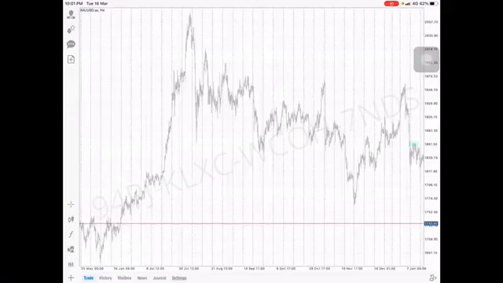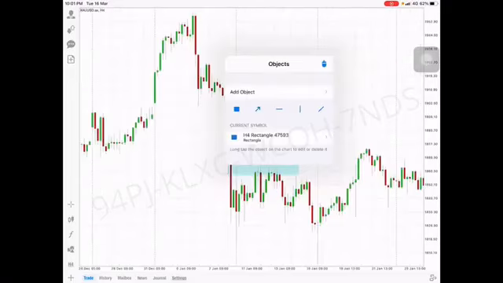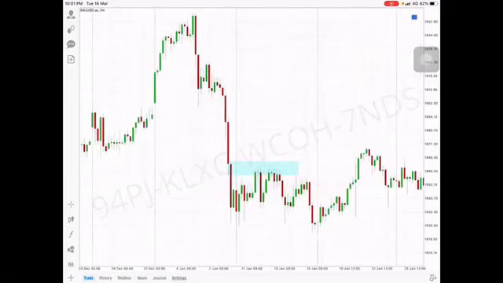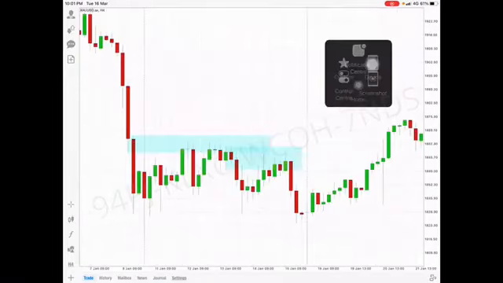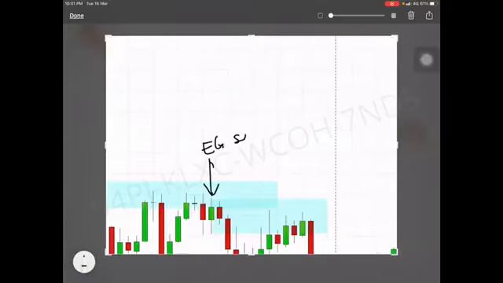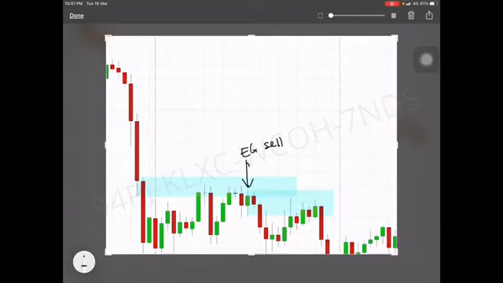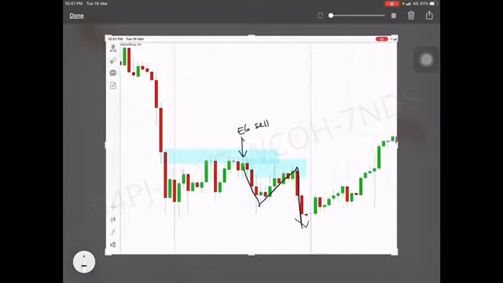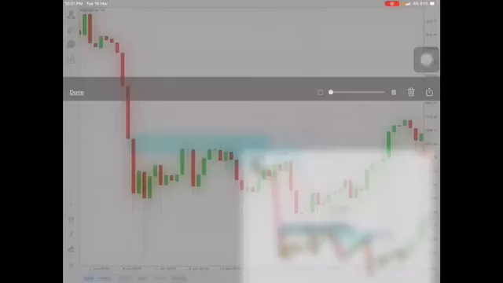So this is not your zone. This is the zone. When the price comes, you entry sell right here, but not this one. This one is not the zone.